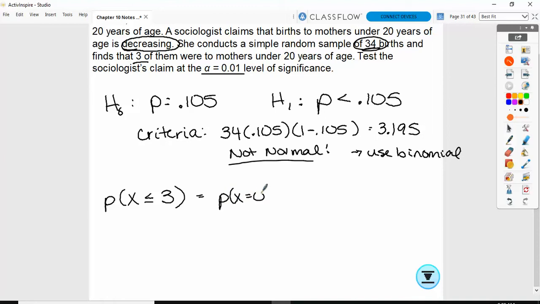So that means we have to find the probability of 0, 1, 2, and 3, and we're going to have to add all 4 of those numbers together.